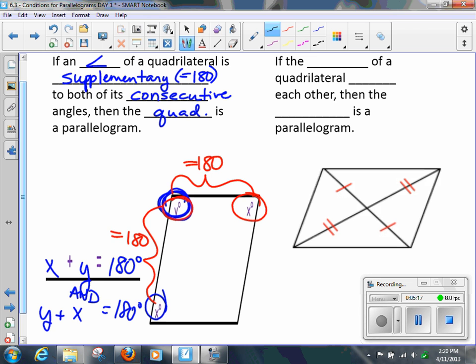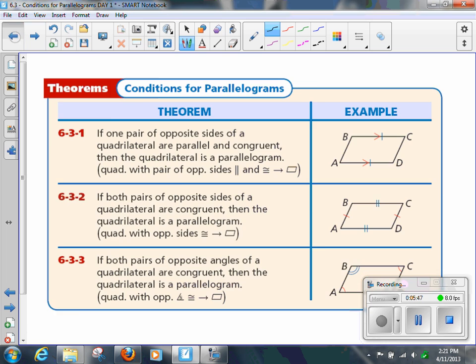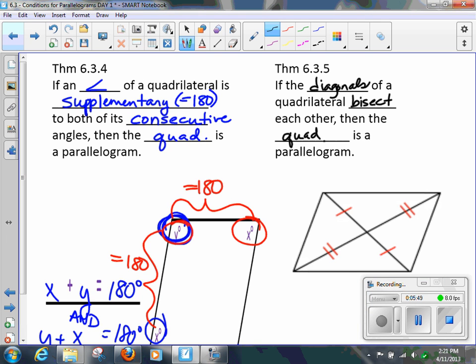If the diagonals of a quadrilateral bisect each other, then the quadrilateral is a parallelogram. Again, have we learned anything new? Nope. Everything that we've learned, it's just been flipped around. Okay? Got it?